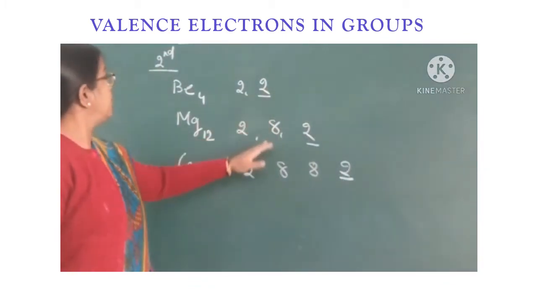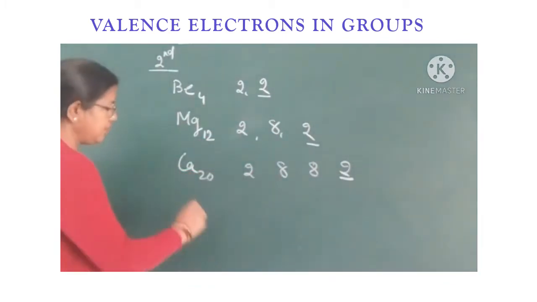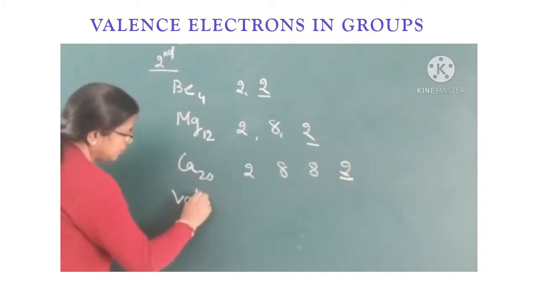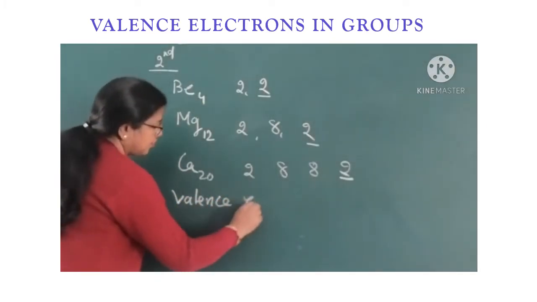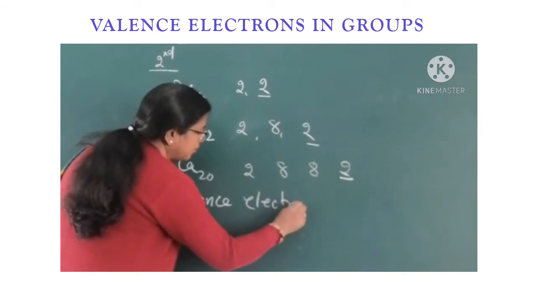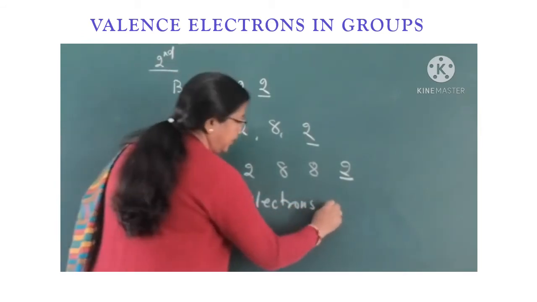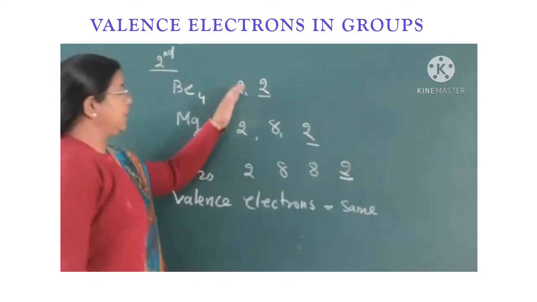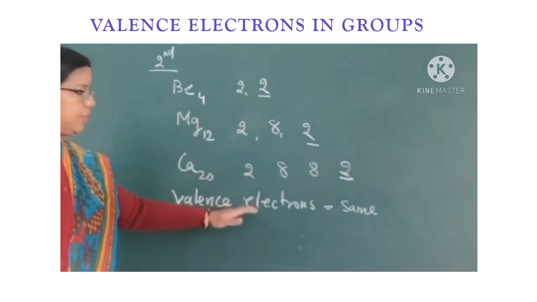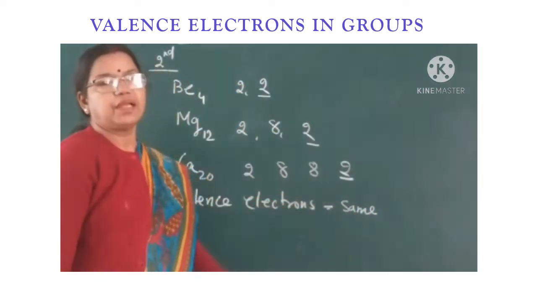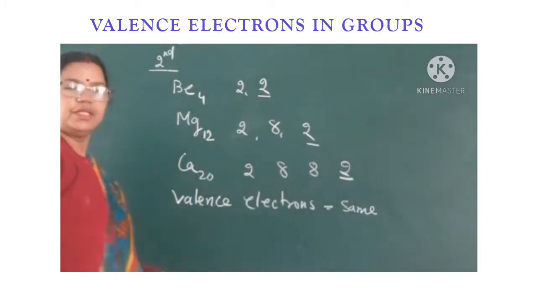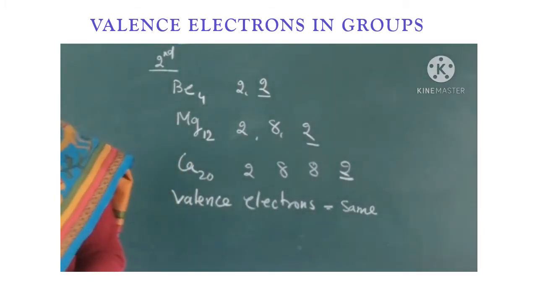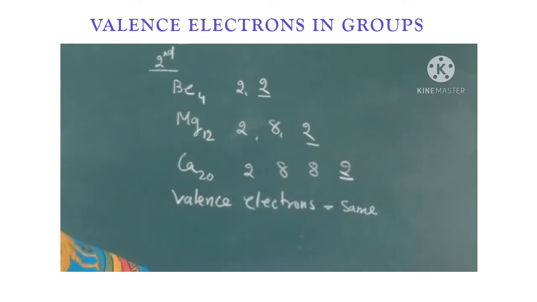So what conclusion can you draw by this? Valence electrons in a group remain the same. All the elements in a particular group have the same valence electrons. No change in the valence electrons from top to bottom in a group.